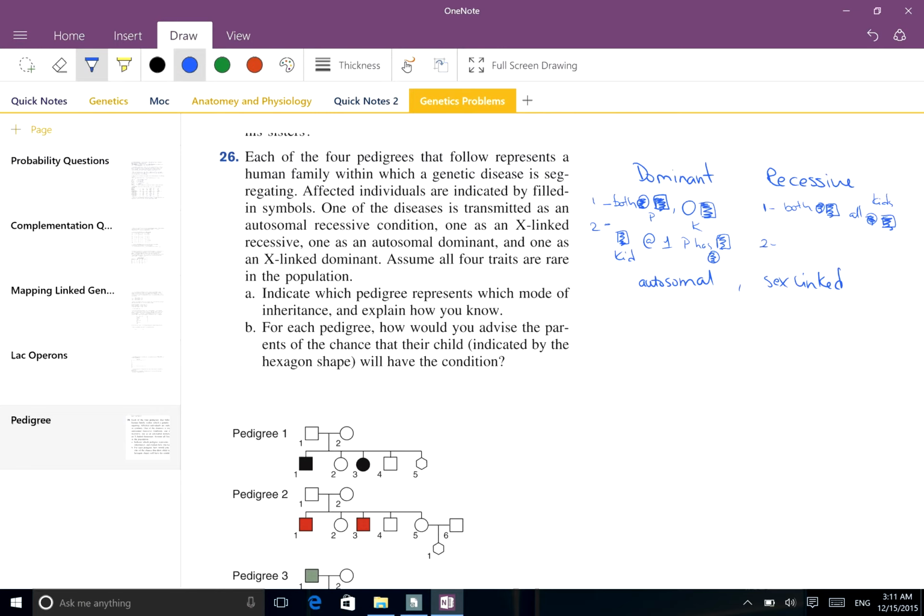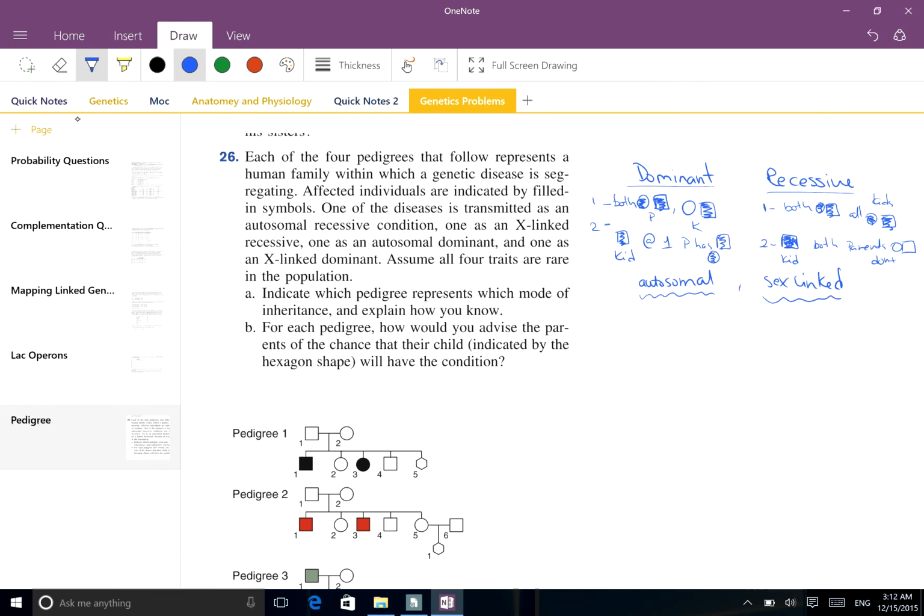Oh yeah, when a kid has the disease, you can see that both parents don't have it. So they're normal, meaning they're heterozygous for the disease, and they were carriers, and that's why the kid ended up with the disease.